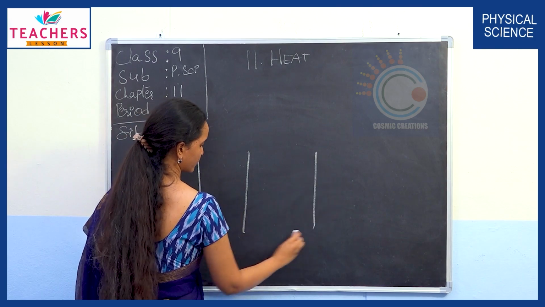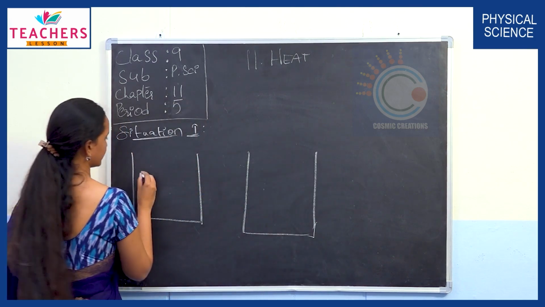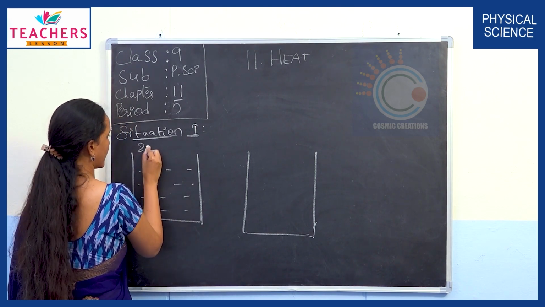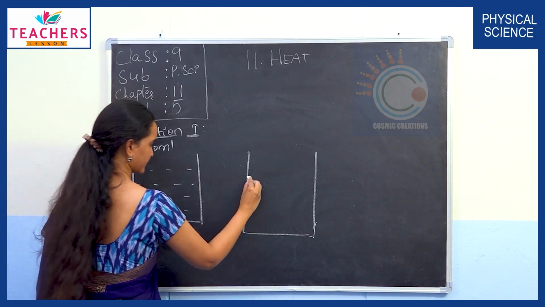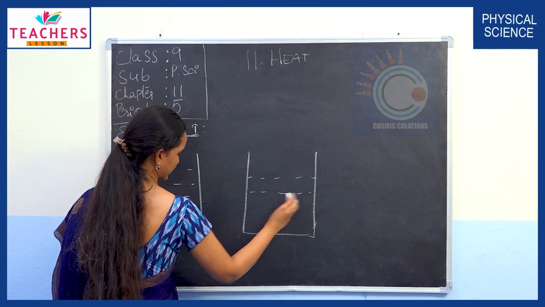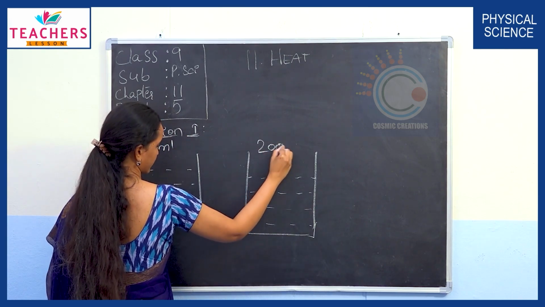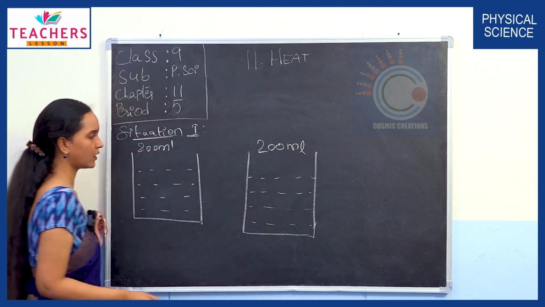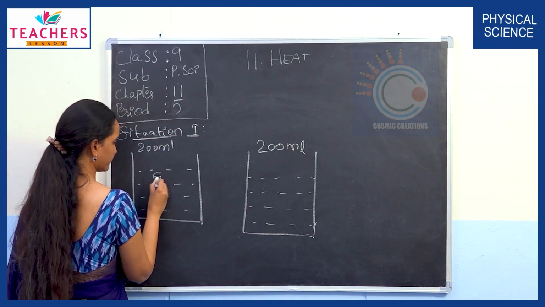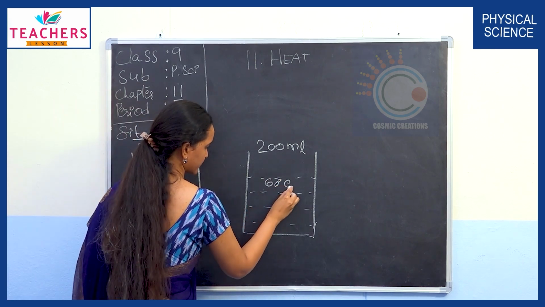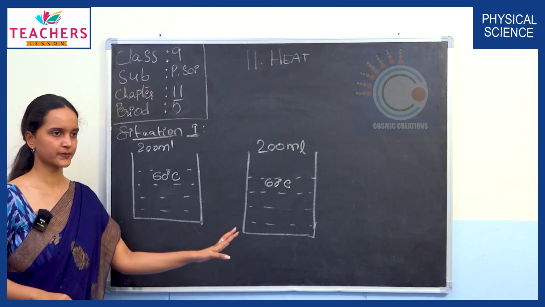We have two beakers and they are filled with 200 ml of water. So we have 200 ml water in both these beakers. Alright, and the temperature of the water in both the beakers is 60 degrees Celsius.